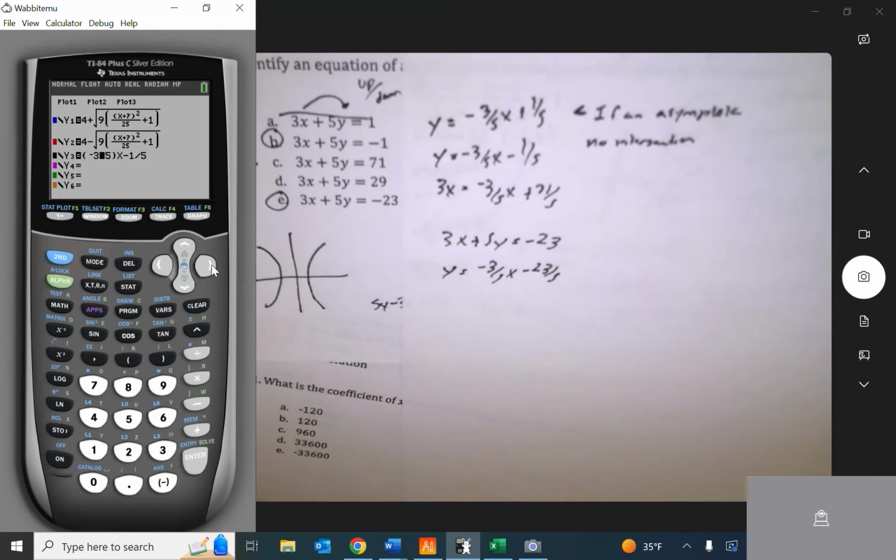The positive ones are going to be shifted up and they're going to intersect. I'm going to go after the intersection between red and black on this one.